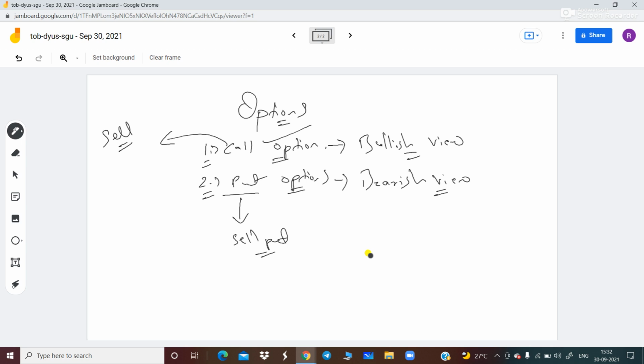So every option contract of every F and O stock and index expires on the last Thursday of the month. So the premium of the option continuously decays from the start of the contract. So if you want to make consistent profit in options, then selling options is the best option.